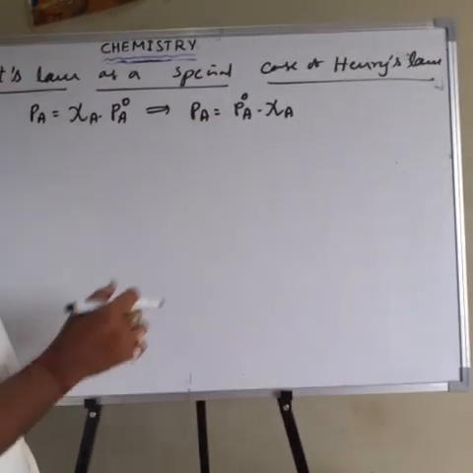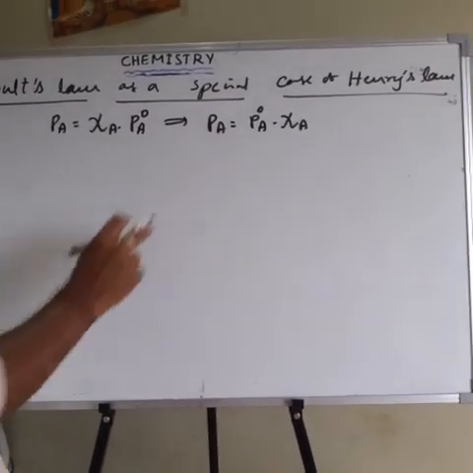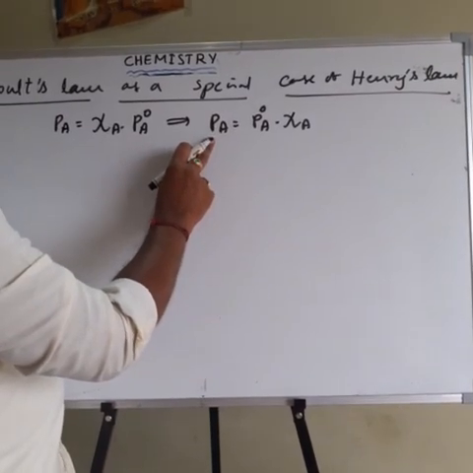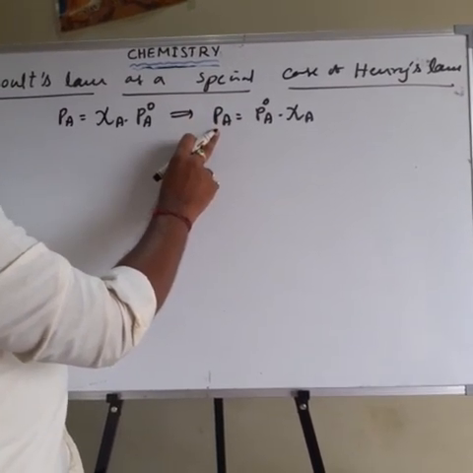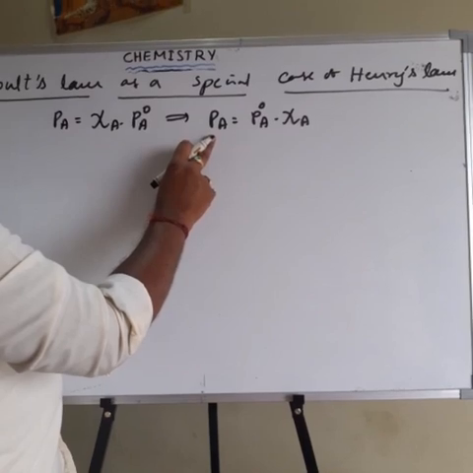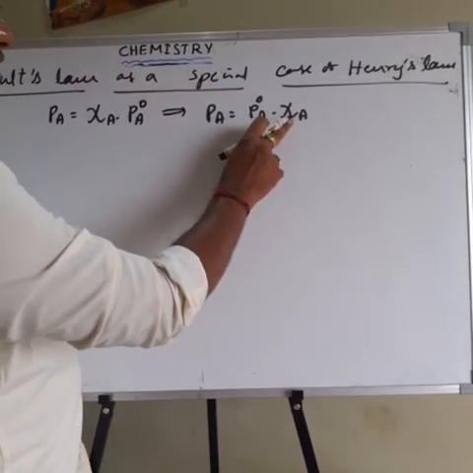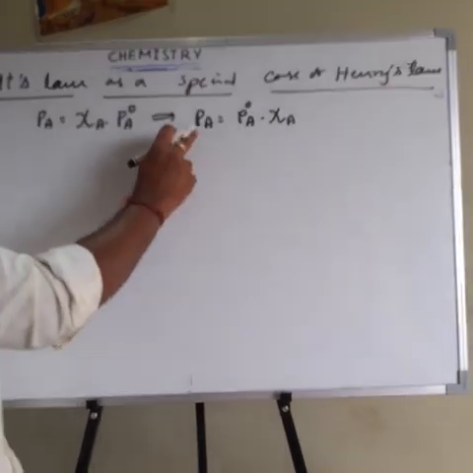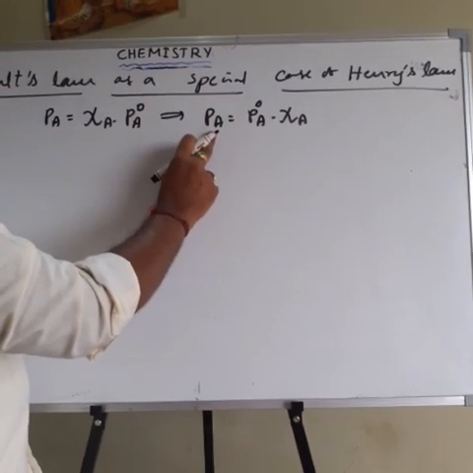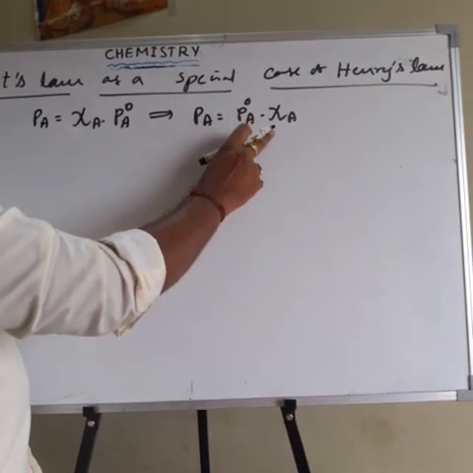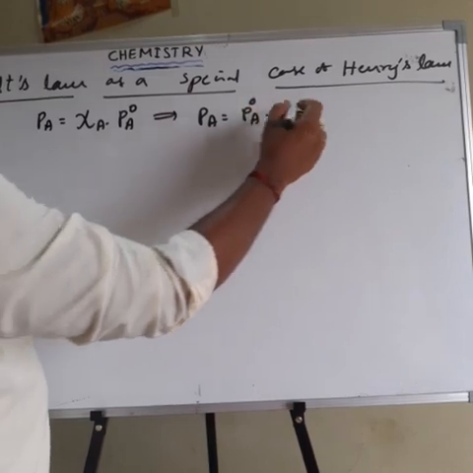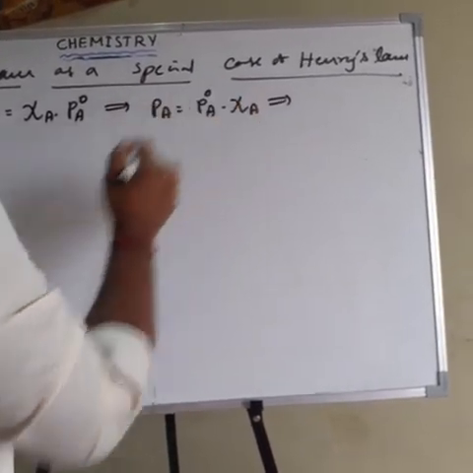Based on this formula, what we understand is the definition: the vapor pressure of one component in the solution is directly proportional to the mole fraction of that component in the solution. Here P naught A is a proportionality constant.